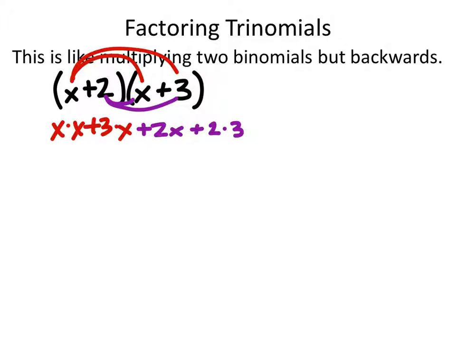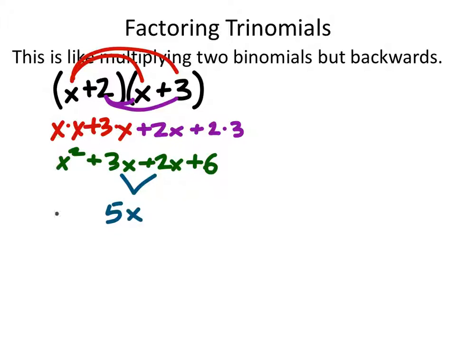So just simplifying this out, I've got x squared plus 3x plus 2x plus 6. And at this point, we would combine the 3x and 2x to be 5x. So I've got x squared, positive 5x, and a positive 6, which are my three terms, okay?